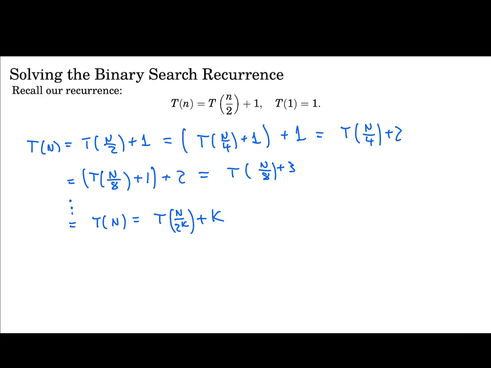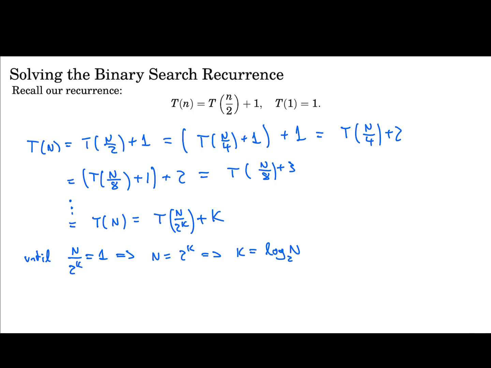So if you do this enough times until n over 2 to the k is equal to 1, this implies that n is equal to 2 to the power of k, which implies that k is equal to log n, here log n base 2.